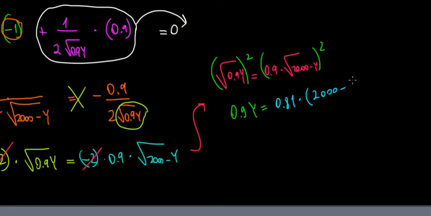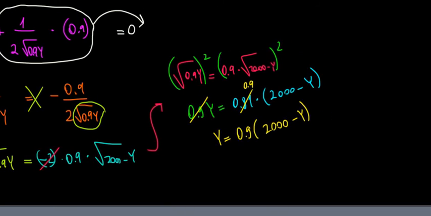Because the square root cancels out. Now 0.9 and 0.81 also cancel out, so what we're left with is y equal to 0.9 times 2000 minus y.